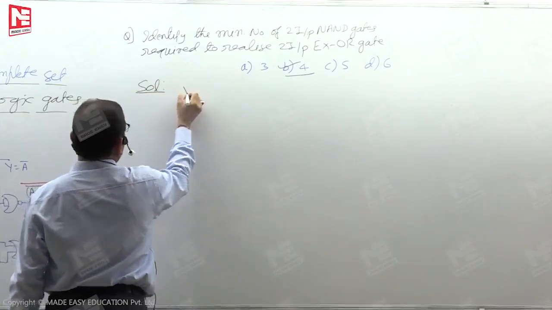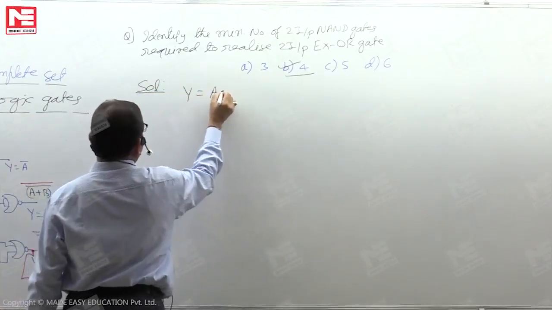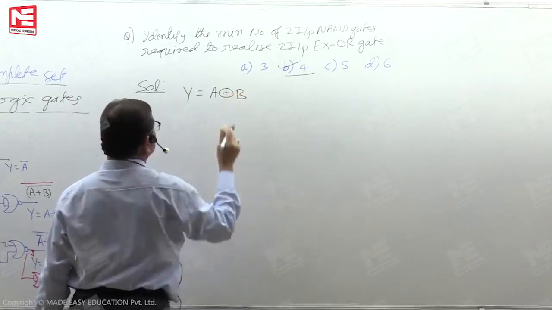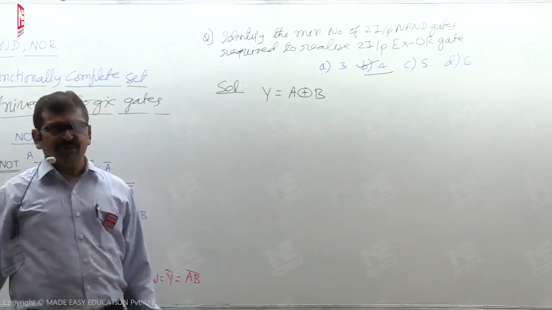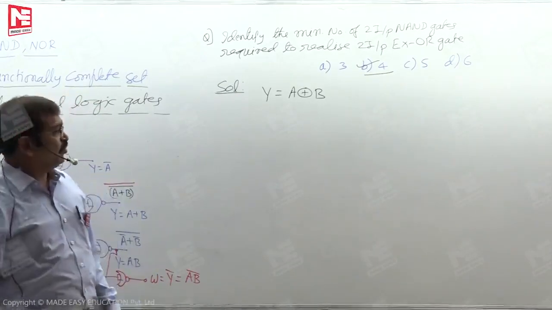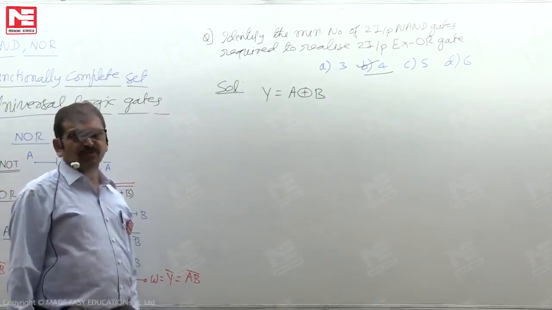The question is, we want to implement this exclusive OR operation by using the minimum number of two input NAND gates. By using these universal logic gates, NAND gates, we want to implement it, and the gate count is supposed to be minimum.